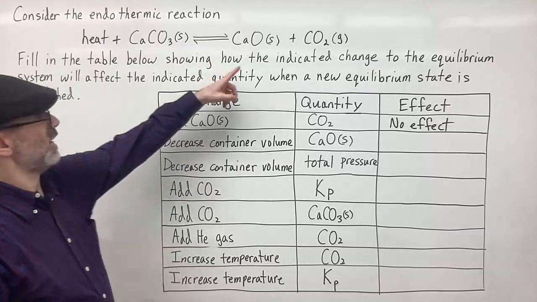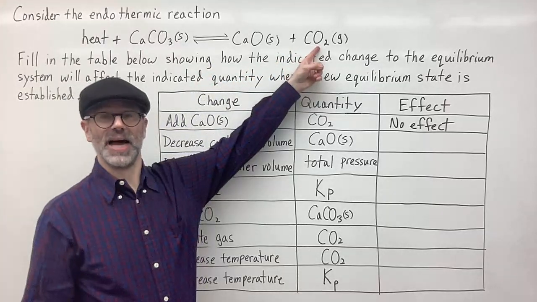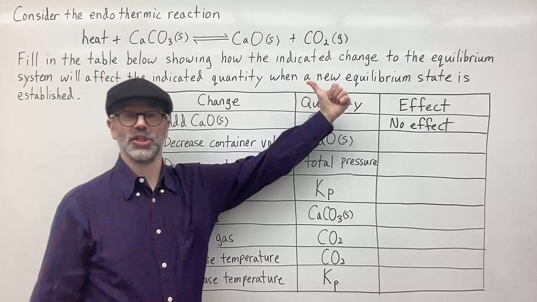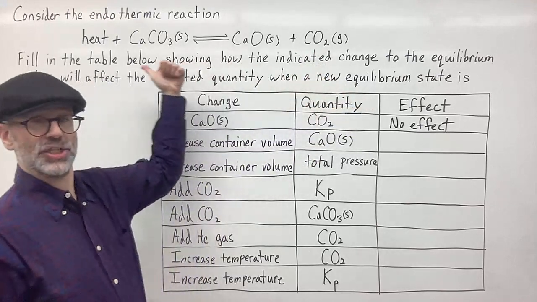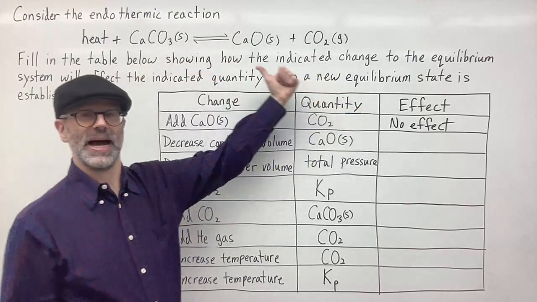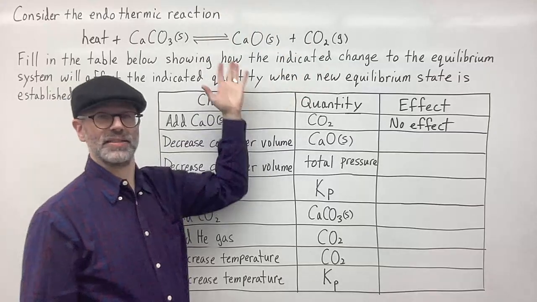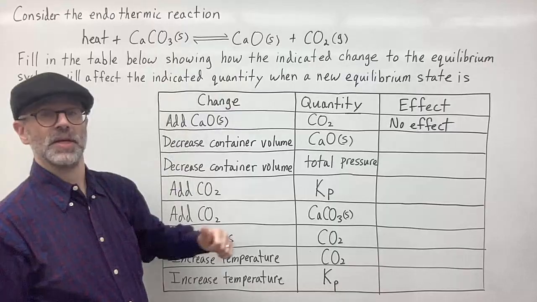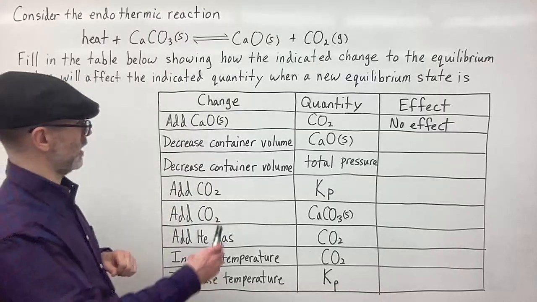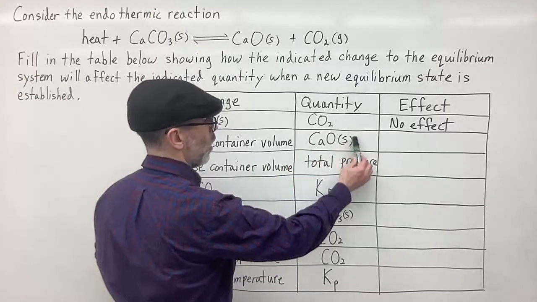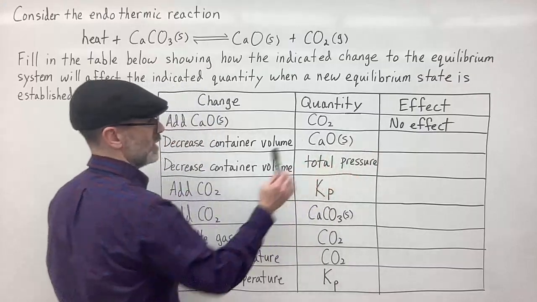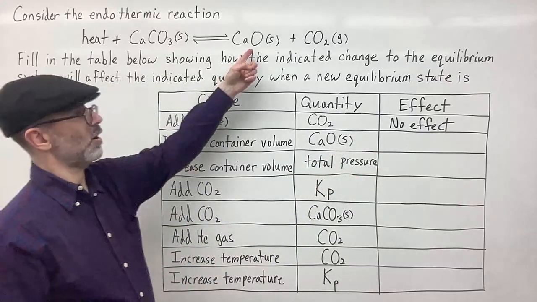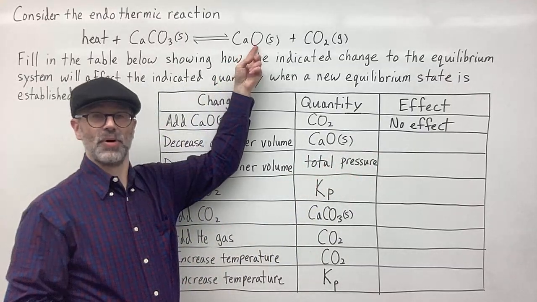And so you can see here that the only gas is on the product side. So it's going to shift in the direction away from the gas. So it's going to take some of this and it's going to form some of this. So in that process, the question is, what happens to the quantity of calcium oxide? Well, calcium oxide is a product.